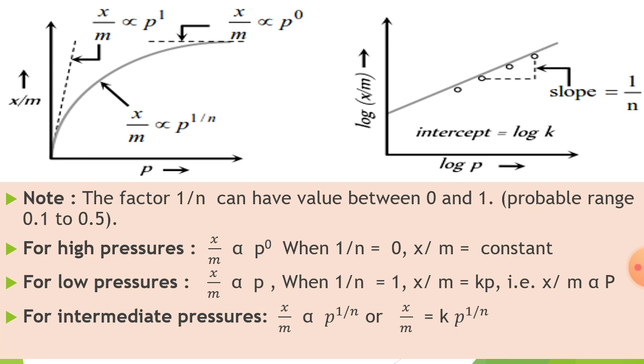The n is always greater than 1. This indicates the amount of gas adsorbed does not increase as rapidly as pressure. So that means at intermediate pressure, the amount of gas adsorbed does not increase as pressure increases.